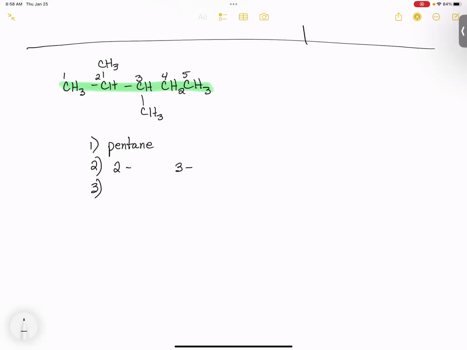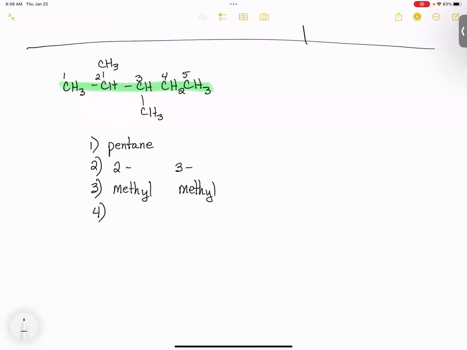What are the substituents? Are they both methyl? Yes. So I've got to put it all together.